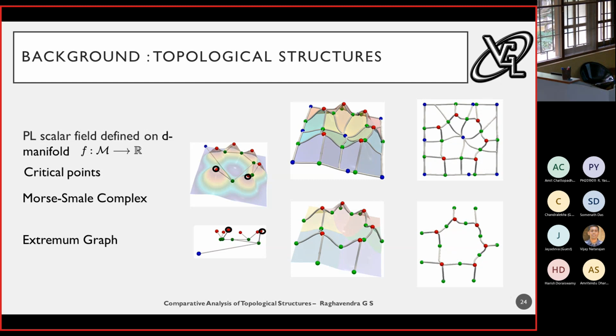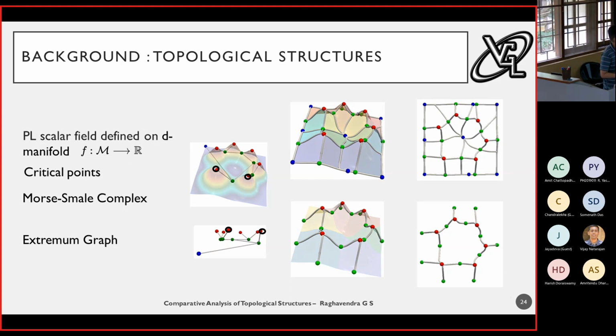One reason why we consider the extremum graph rather than the Morse-Smale complex is that the Morse-Smale complex, even though it's a complete description of the domain in terms of how the regions behave and the connectivity between all the critical points, has one disadvantage: there are lots of saddle-saddle connections, and the complex becomes too complicated to store and handle.